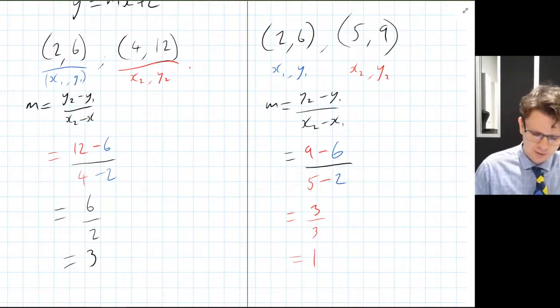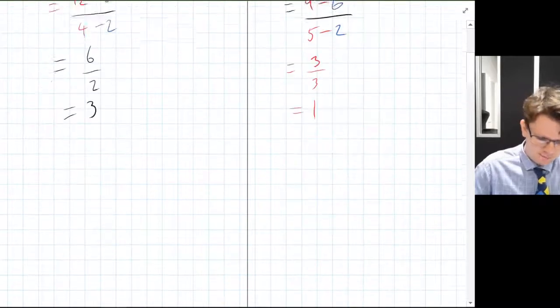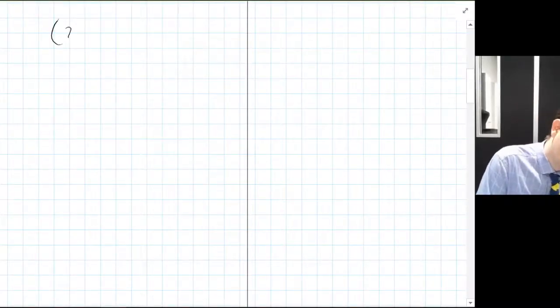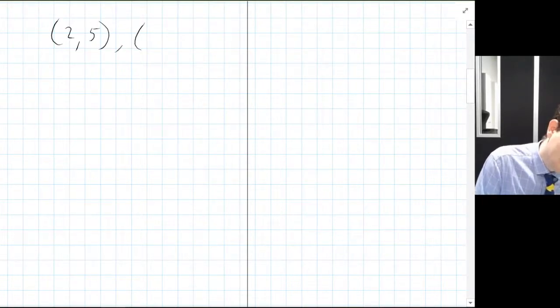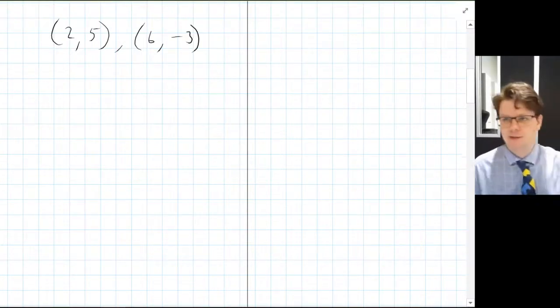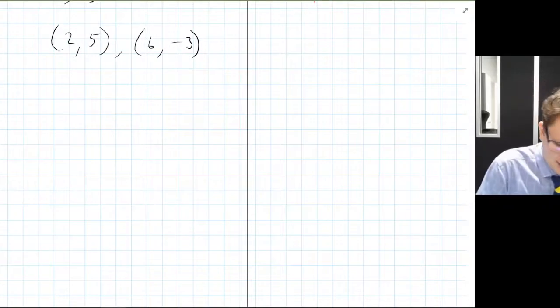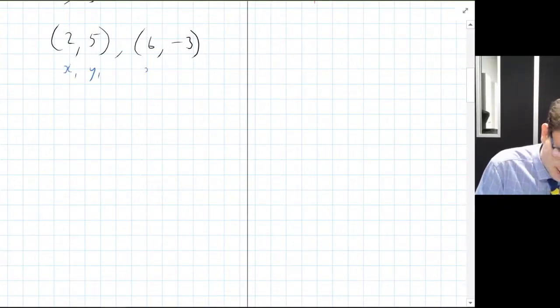Alrighty, so that's where we're working at it like that. But remember, sometimes we don't get nice answers, so let's look at some of those. I'm going to have a look at (2, 5) and (6, negative 3). Okay, so it's a little bit more difficult because I've got these annoying numbers now. But if we label it up, it's no trouble. x1, y1, x2, y2.